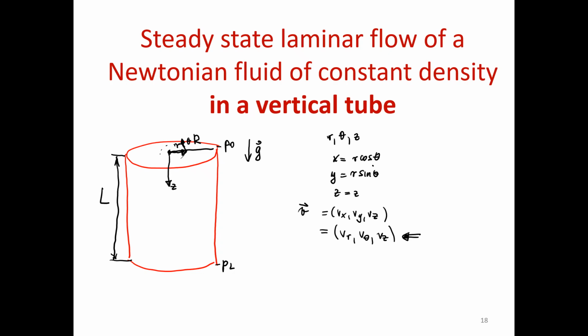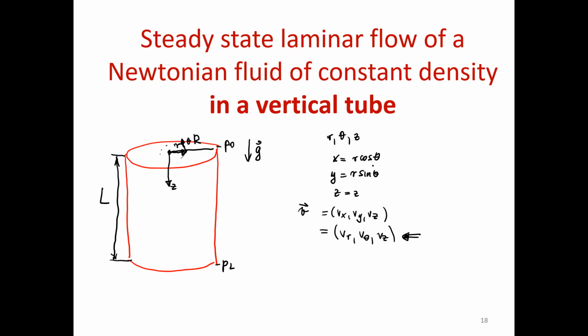So I expect my only non-zero velocity to be the one going down, my z direction. And that velocity depends on how far I am from the solid surface or from the center, either way. So my vz is a function of r, and nothing else. I don't expect any difference if I'm on this side of the wall or that side of the wall. My theta should not make a difference as long as I'm at a constant distance from the center or from the wall.